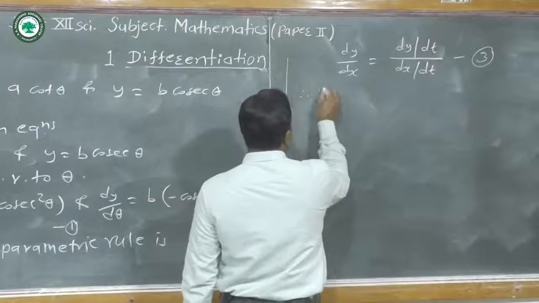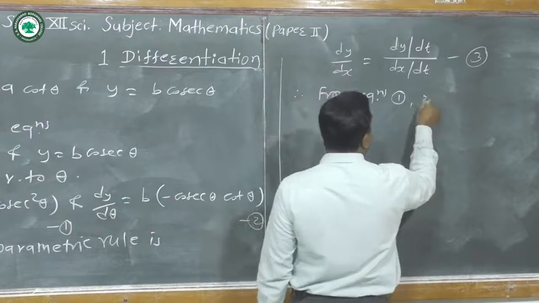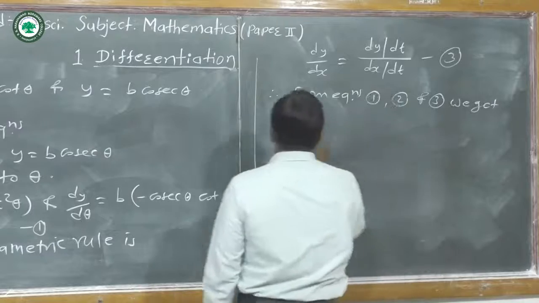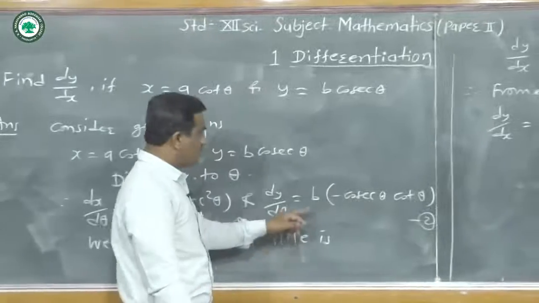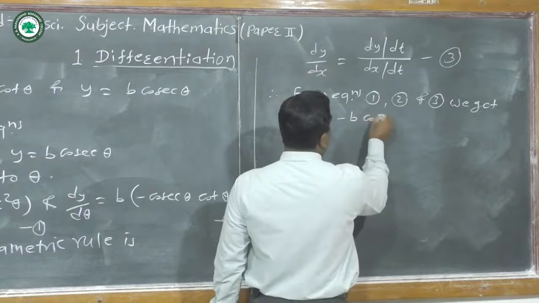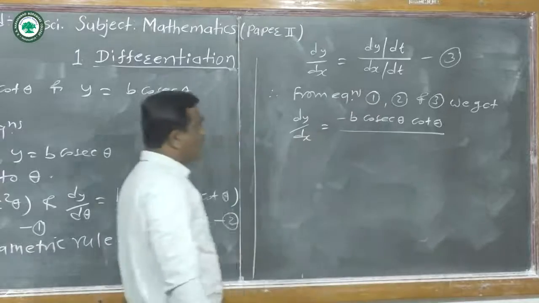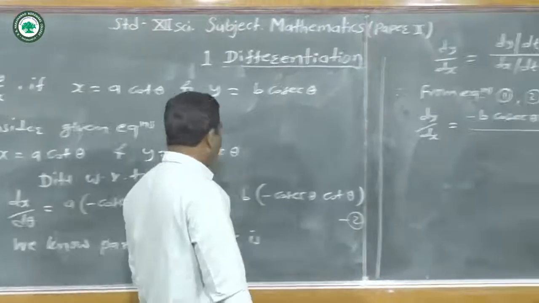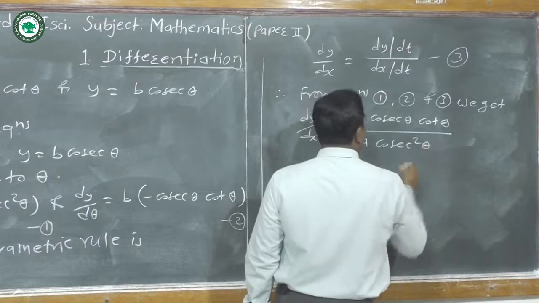Therefore we can write here from equations first, second and third we get dy by dx is equal to value of dy by dt is minus b into cosec theta into cot theta, upon value of dx by dt from equation first, minus a into cosec square theta.